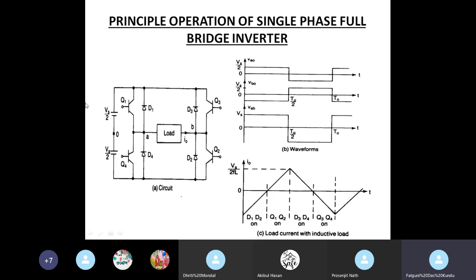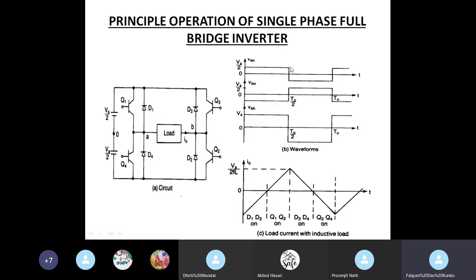So for the positive half, this portion is working, Q1, Q2, and then again to the load. For this purpose, this is VA0, means this A, VA0, and for the next part, this is VB0, the positive part.